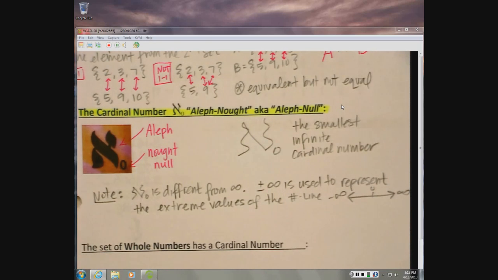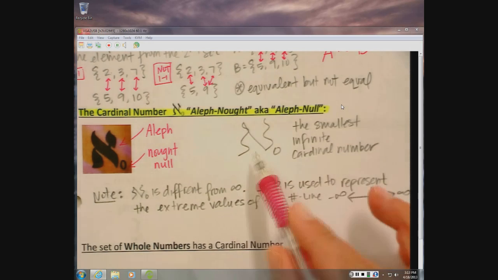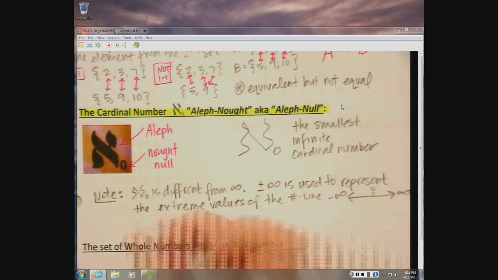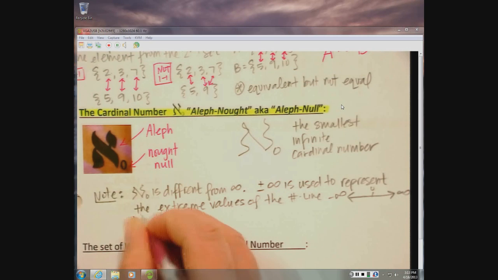So infinity, positive or negative infinity, are used to represent the extremes of the number line, and we use it like a number, right? Where aleph naught is specifically a cardinal number, and that's really the key here.